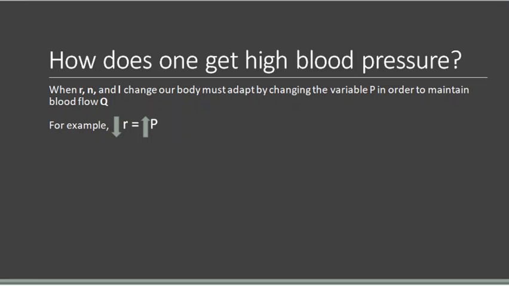So when the radius, viscosity, or length change, our body must adapt by changing the variable P, which is pressure, in order to maintain blood flow. For example, if our arteries and veins constrict, then to compensate, pressure must get higher in order to maintain the same blood flow. We have a few examples in the next couple of slides.